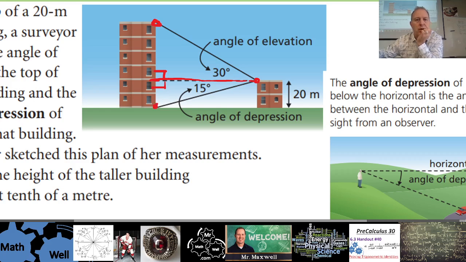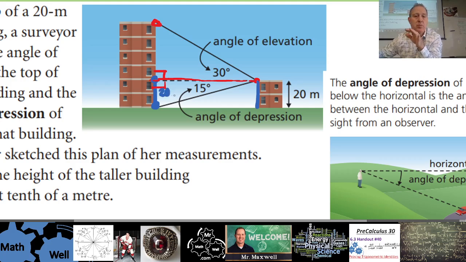Okay, so the smaller triangle is this bottom one with the 15 degrees, good. You see this height of this building here would be the same as this height, right? From the bottom of the tall building to the horizontal point there. So this is also 20. Yeah, very good. Everybody see that?